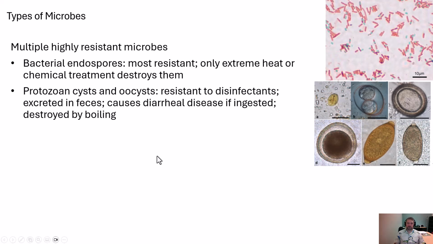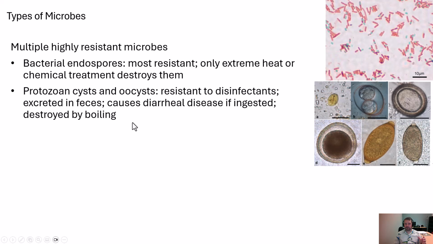Okay, but from a protozoan perspective, the cyst and oocyst reproductive parts, this is how they pass their genetic material on to the next generation. This is how they get from point A to point B. We can boil water that would have oocysts and cysts in it, and that will destroy the cyst or the oocyst.